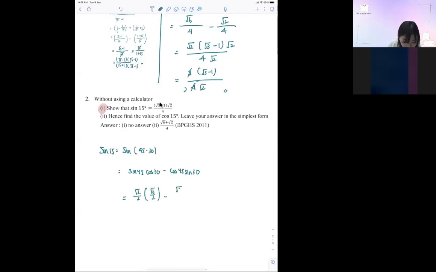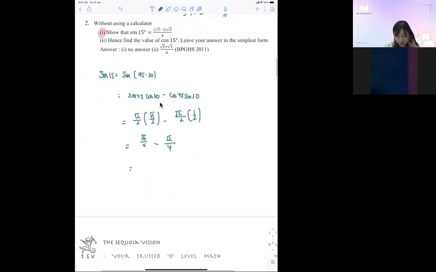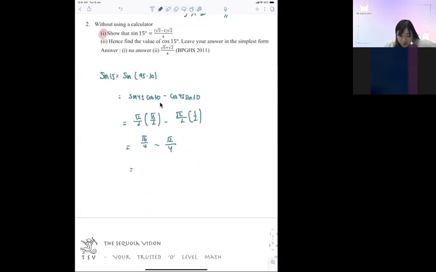It's cosine 45 sine 30 is half. Top times top, bottom times bottom. Okay, then combine. Okay, can ready. So, all right, I got it.